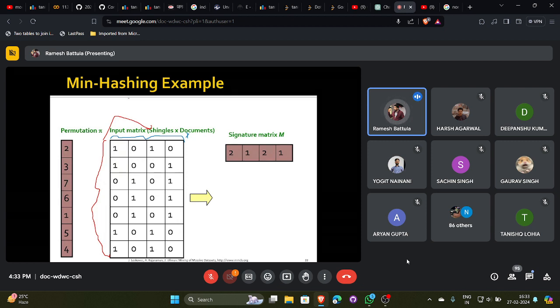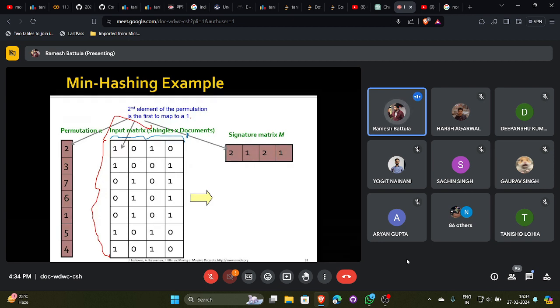The signature of the matrix is going to be defined. So this is 1, this is 2, this is 1. Here you need to observe: the second element of the permutation is the first to map to A1.